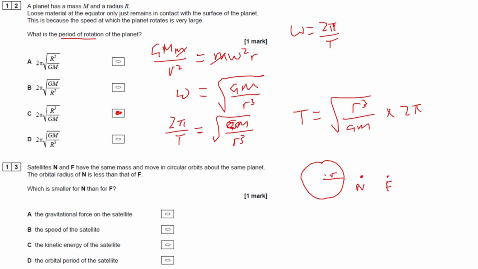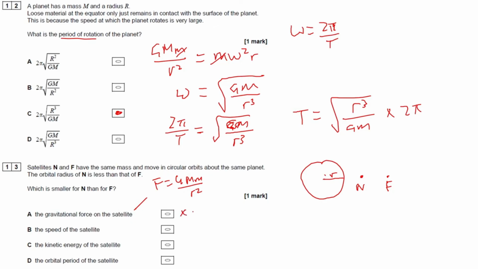It just helps visualize these kinds of quantities. For each of these, let's think about which is smaller for N. It can't be gravitational force because we know for gravitational forces F equals GM over r squared. N is closer to the planet, so r is smaller, therefore F is going to be bigger. They both have the same mass, so it can't be this one.